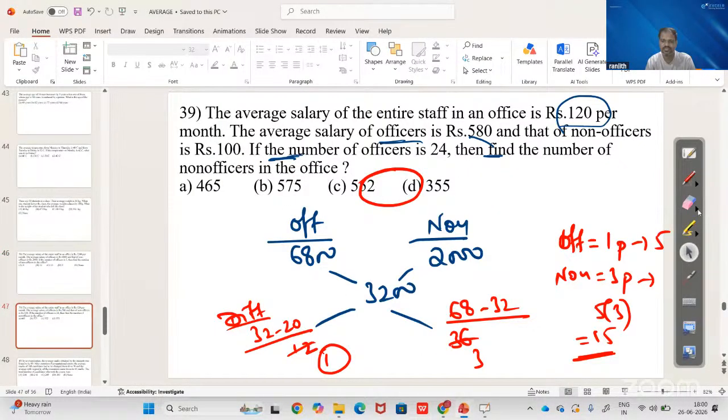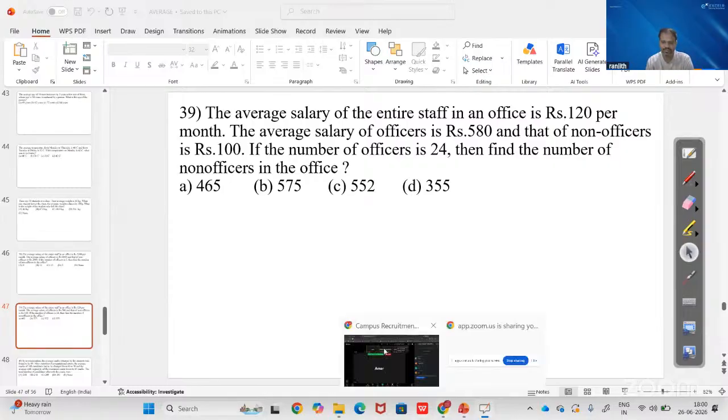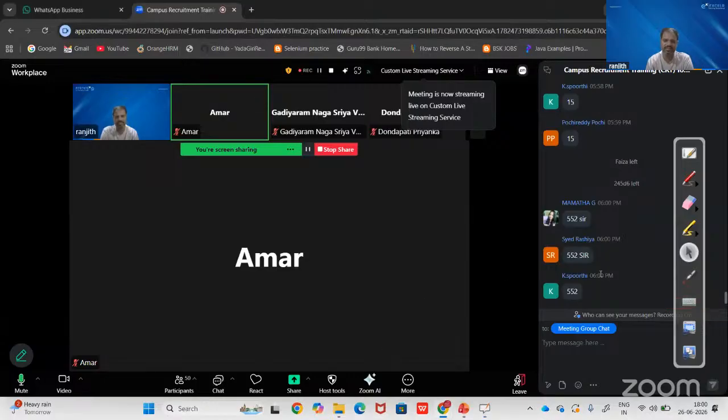What is the answer here? Here, whatever answer you get, same method. So 552. Yes, answer is 552.